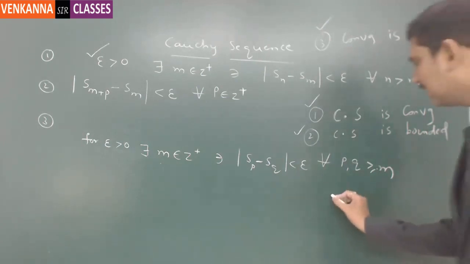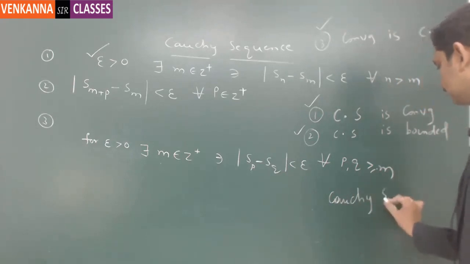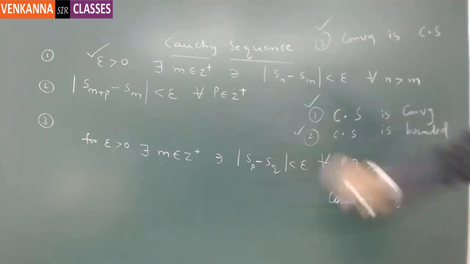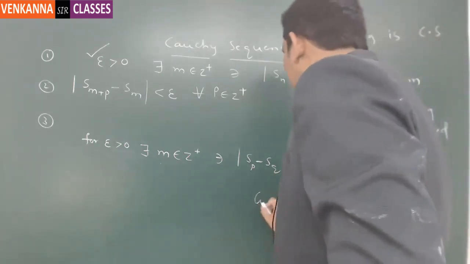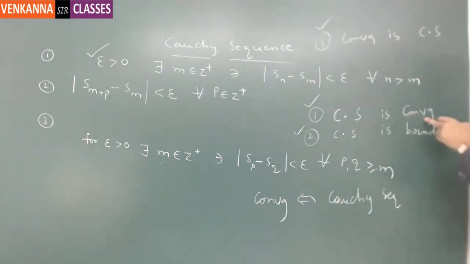You simply say that the sequence is a Cauchy sequence. In other words, the sequence satisfies Cauchy's criteria, because a sequence is Cauchy if and only if it is a convergent sequence. Cauchy sequence is convergent, convergent sequence is Cauchy sequence.